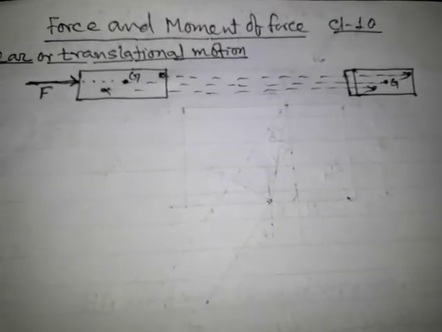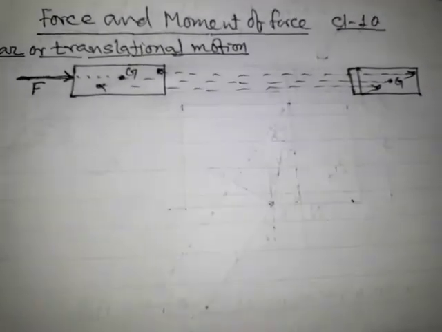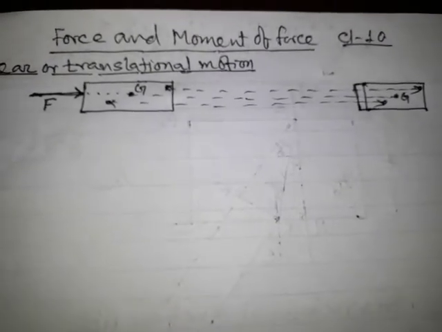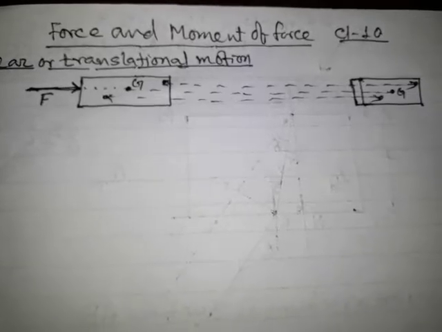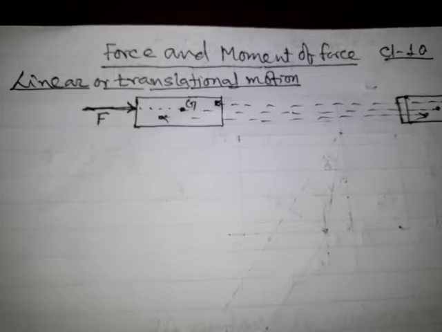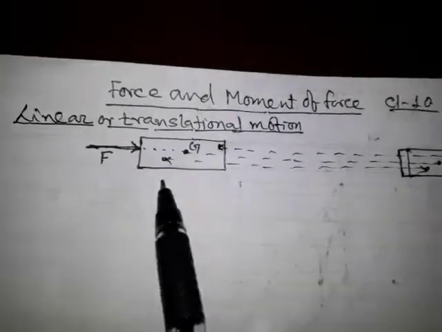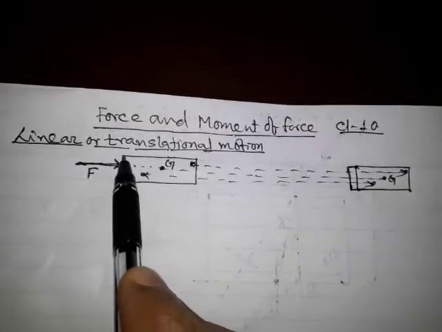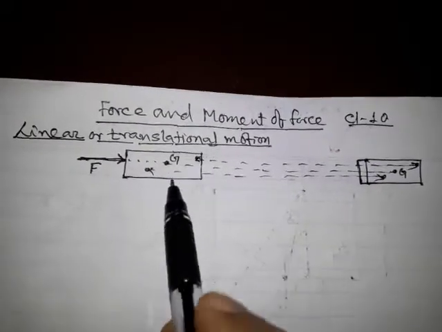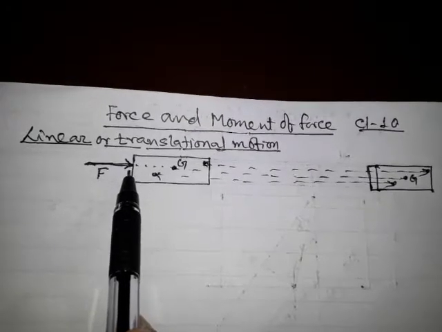Now in class 10 we will start from the effect of force, different types of effect, that is especially the different types of motion. So first we are going to start linear motion or translational motion. Here we are considering an object, on which we are applying a force.